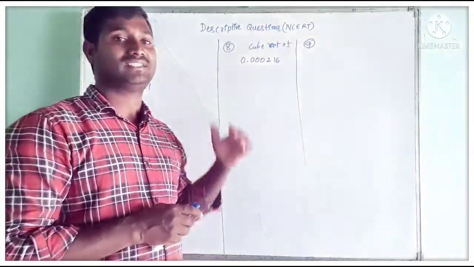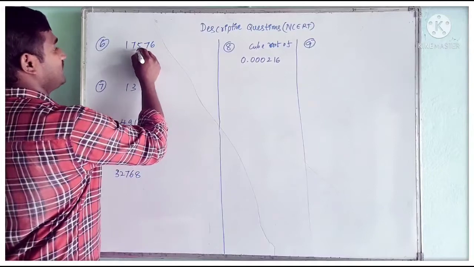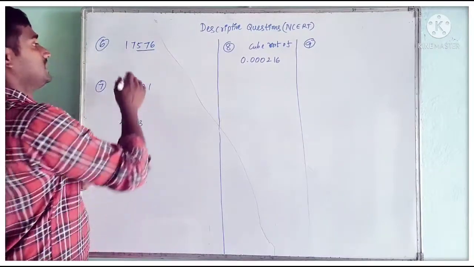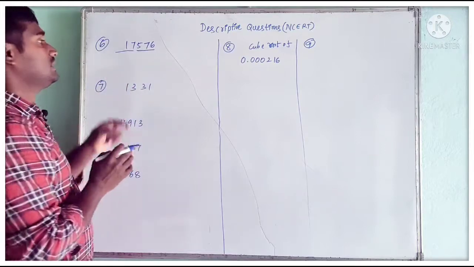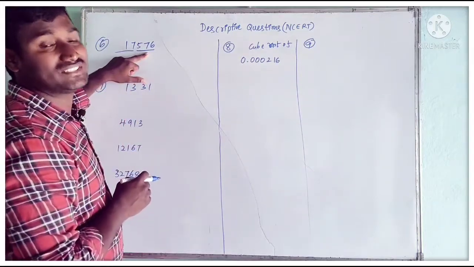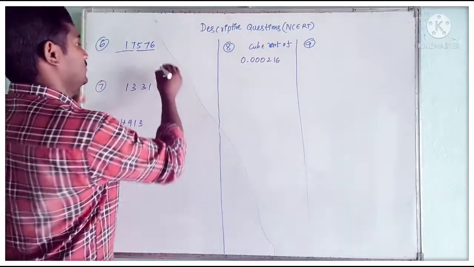Okay, let us discuss. In the estimated method, we should make the first 3 digits as one group, remaining digits as one group. So this is a perfect cube. If a perfect cube ends with 6, then the cube root also ends with 6 only.